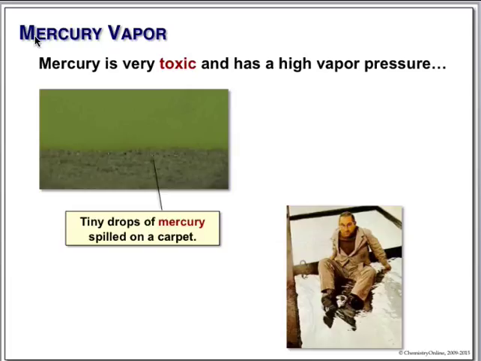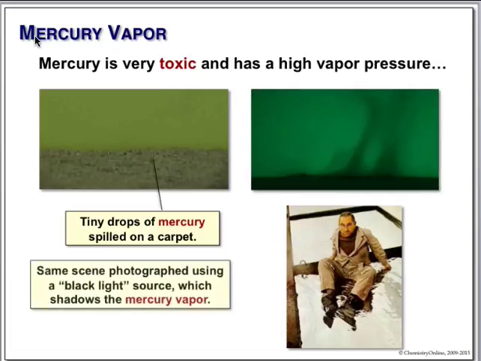Somebody spilled something, okay? If you take this and shine a UV light on it, that's a black light, the mercury vapor will absorb the light, and you'll see a shadow. Shadow looks like this. So even though you can barely see little spots of mercury, see the vapor just streaming up from it. So it really is quite toxic.